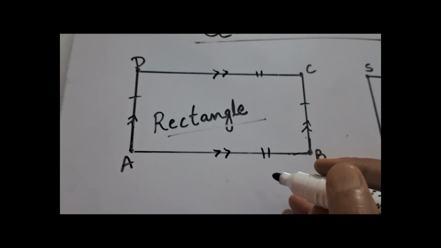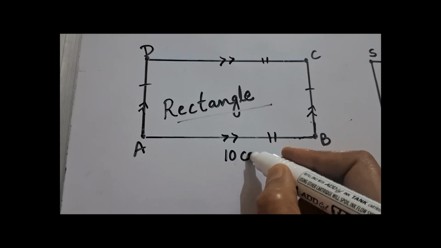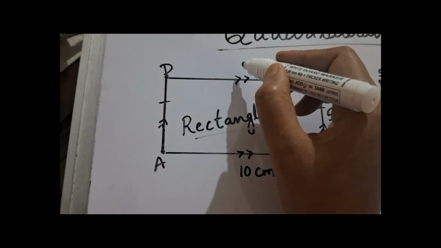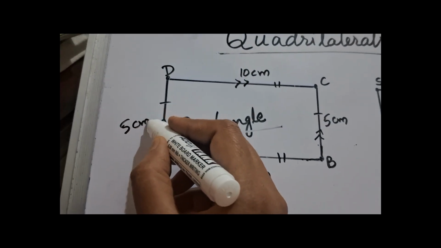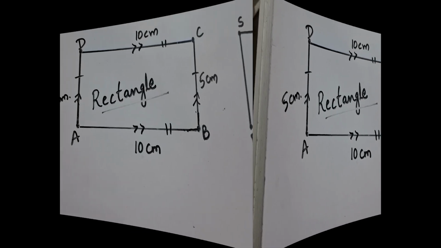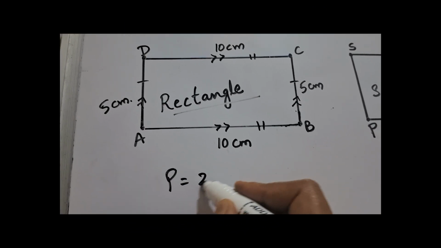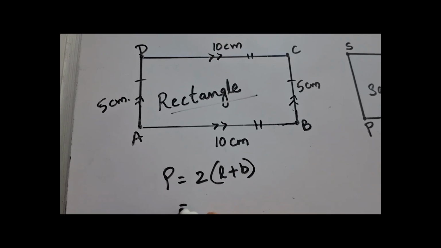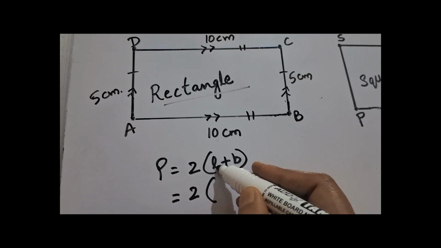Suppose children, this rectangle has this side 10 centimeter, and this is 5 centimeter. This is also 10 centimeter. This is 5 centimeter. Now we have to find the perimeter for this rectangle. Now we know that the perimeter of rectangle formula is 2 into L plus B. Now we'll put it in this formula and find out. 2 into, what is L?